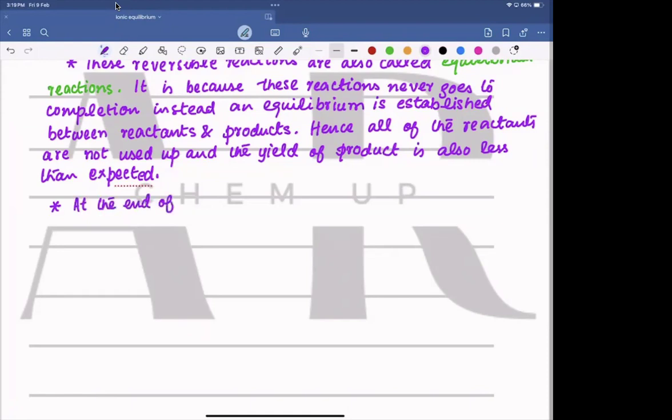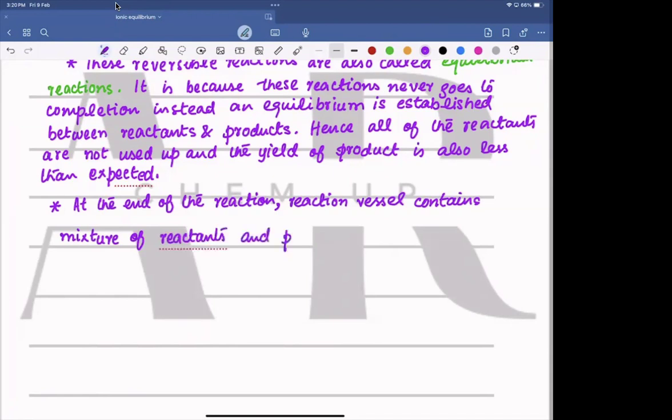At the end of the reaction, the reaction vessel contains a mixture of reactants and products due to equilibrium.